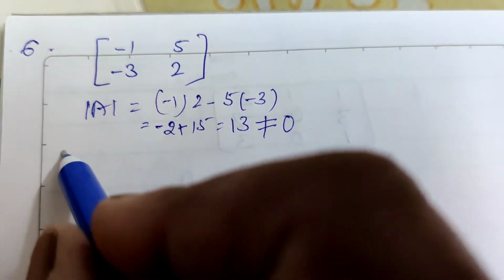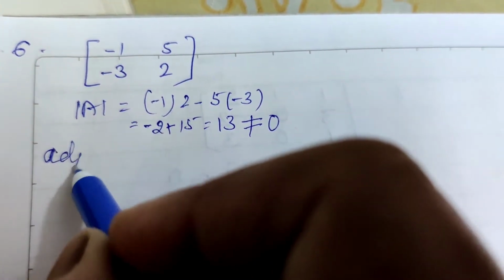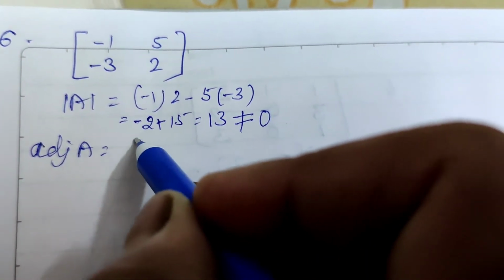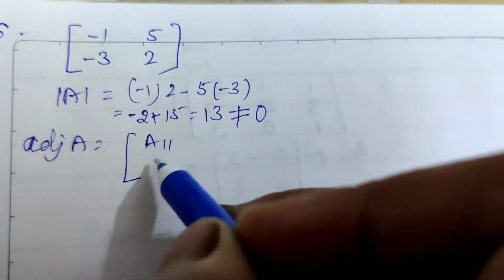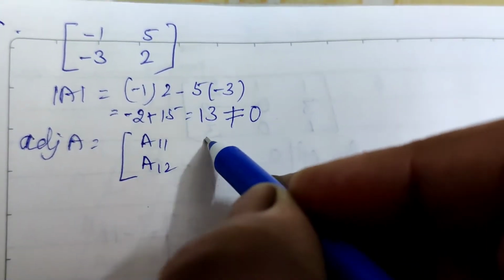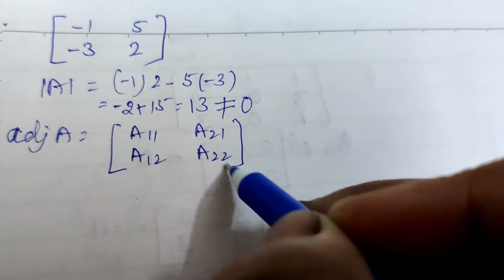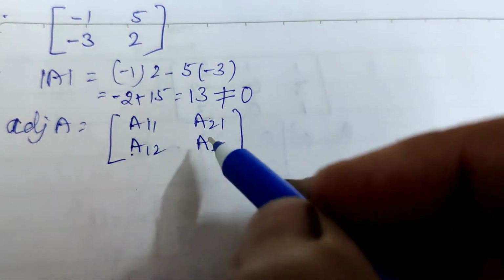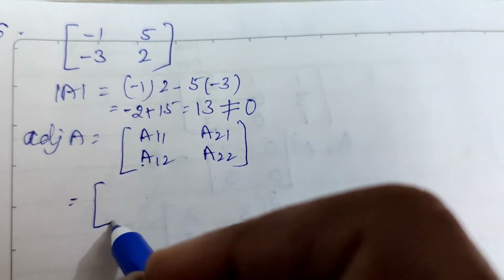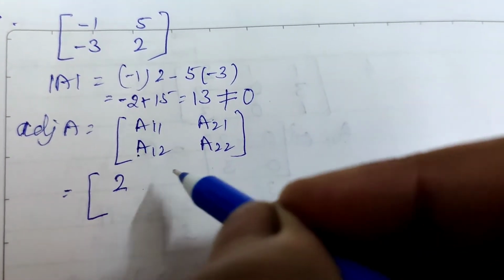Okay. Now first, the adjoint of A. Same: 1 1, 1 2, 2 1, 2 2. These two values are negative and these two positive. A11, first row first column, is 2.